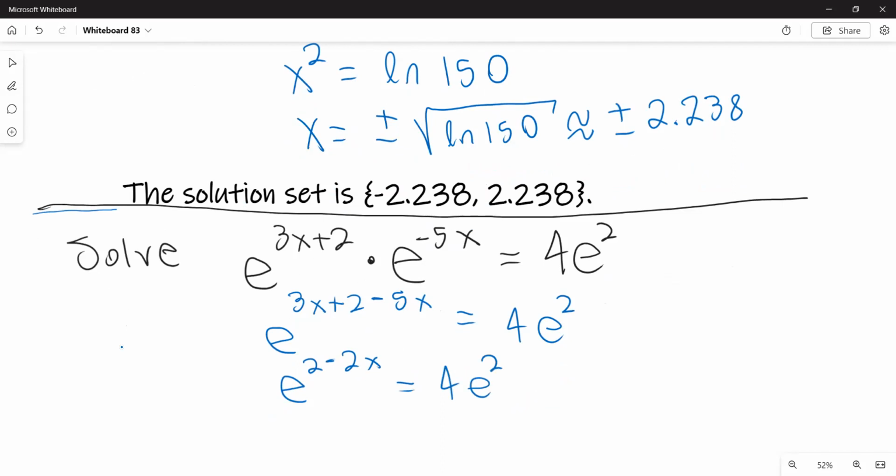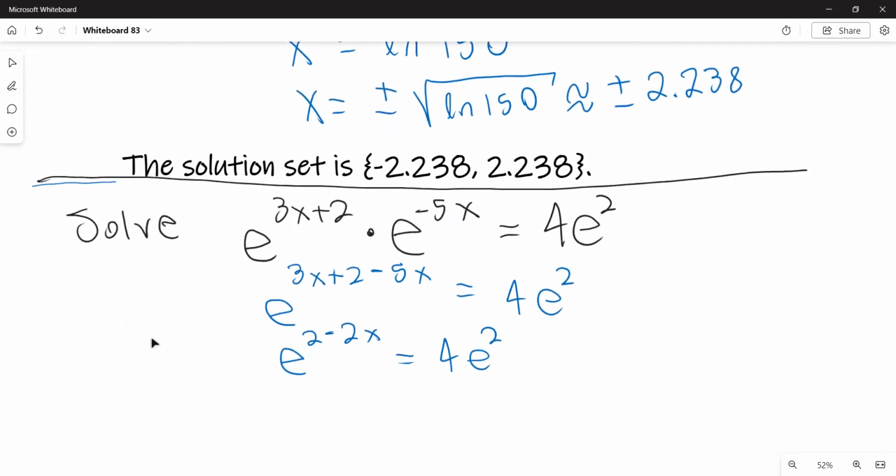Okay, so we're going to use the property that we used initially. We're going to use this backwards. This is e squared times e raised to the opposite of 2x. And the e squareds cancel out.